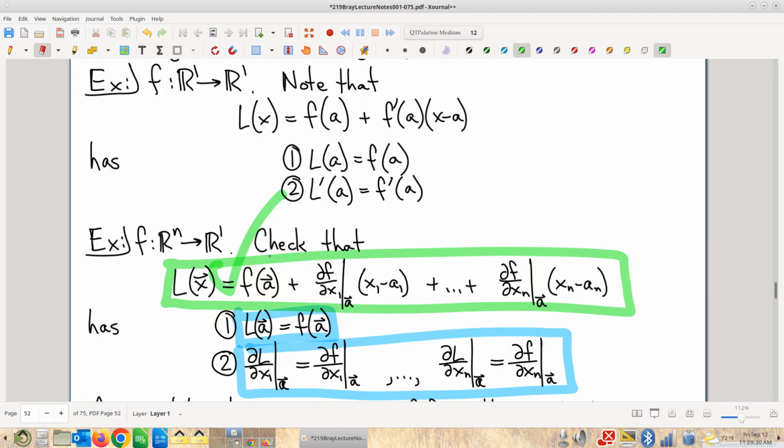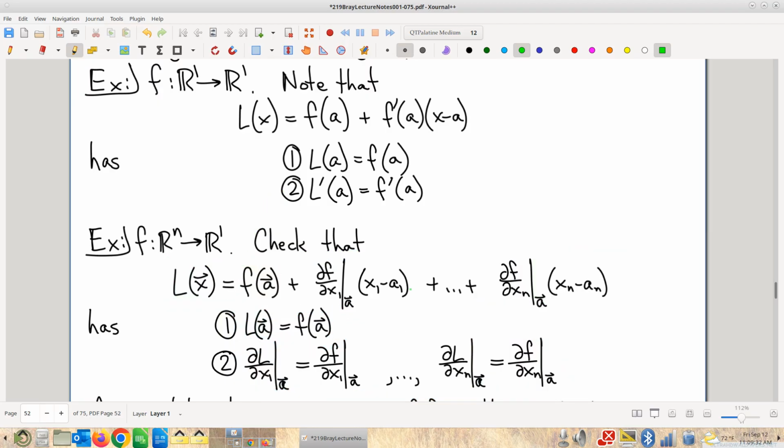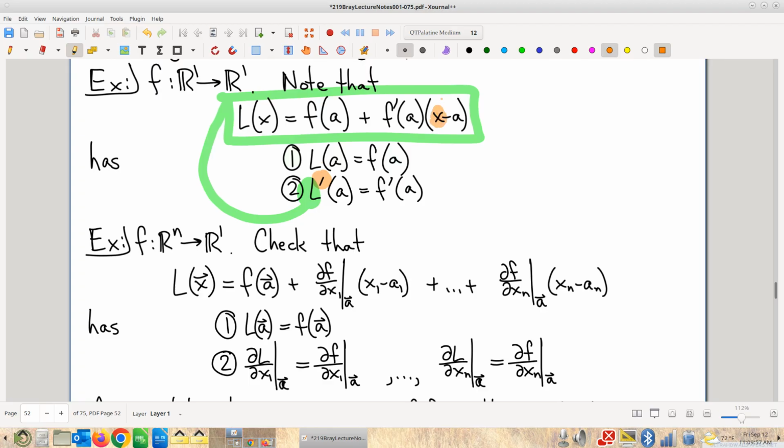Now let me point to one thing that throws a lot of students when trying to confirm that this function does what I claim that it does, and that is it's easy to forget what's a constant. Really easy to forget. So in this function up here, there's L. When you're taking a derivative with respect to x, there's your x.